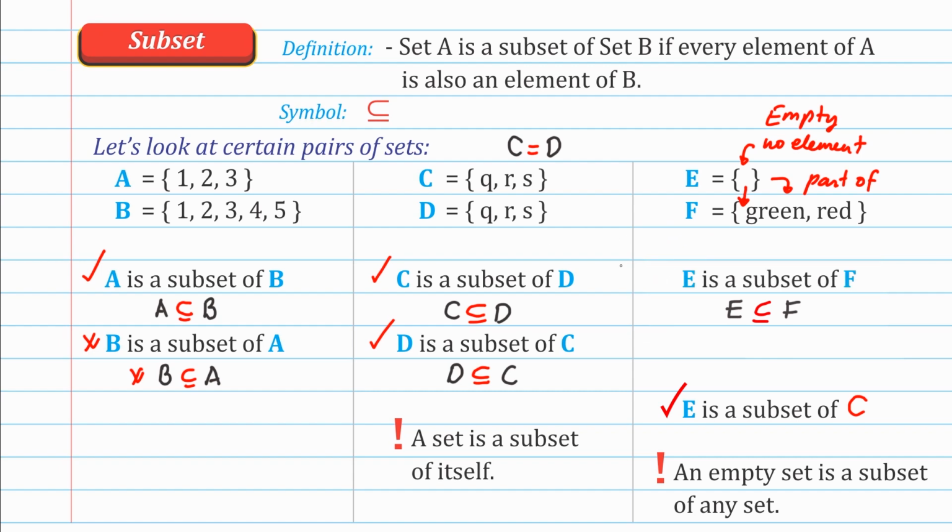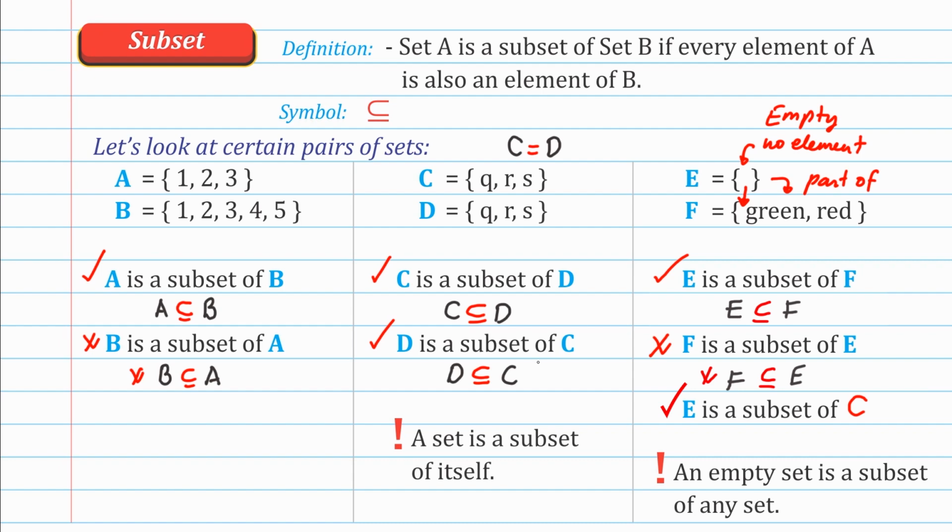Going back to our statement here, we have concluded that set E is a subset of any set, in this case, set F. Now, is the other way true as well? Meaning, is set F a subset of set E? Now, let's check. Are green and red part of set E? Of course not. Therefore, this is not true.